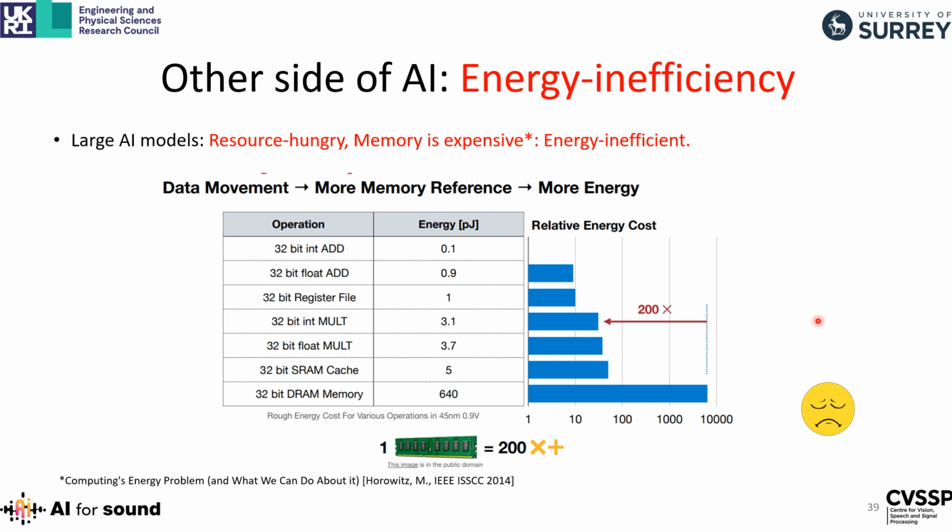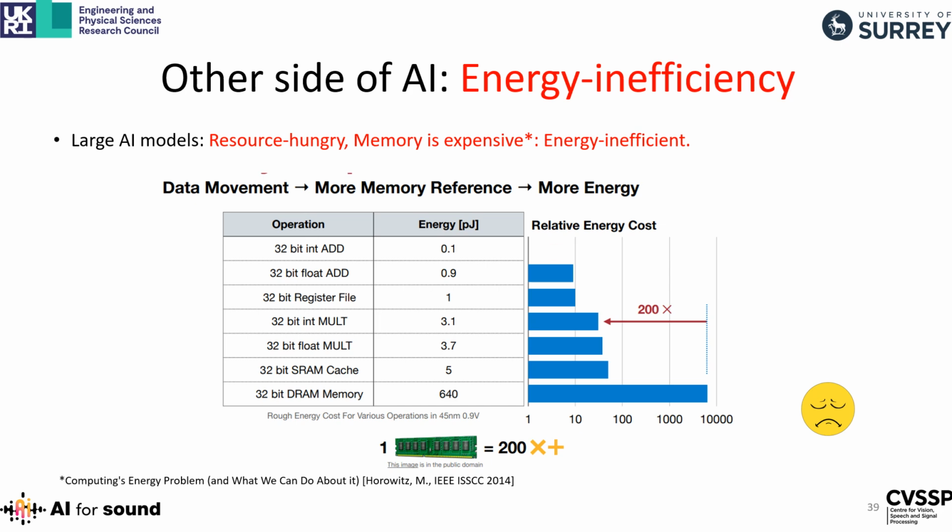They need resources to run, and because they require large memory, a model size might have billions of parameters, which demands memory, and memory is really expensive, which makes these AI models energy inefficient. So this other side of AI is very crucial to understand.